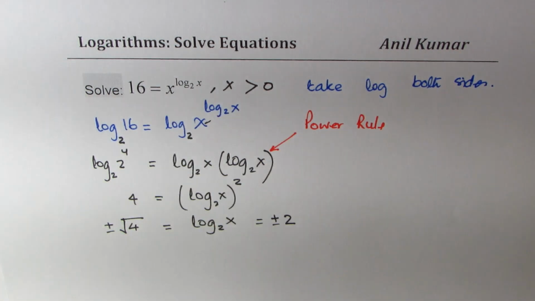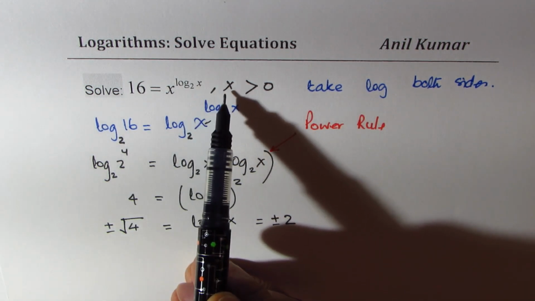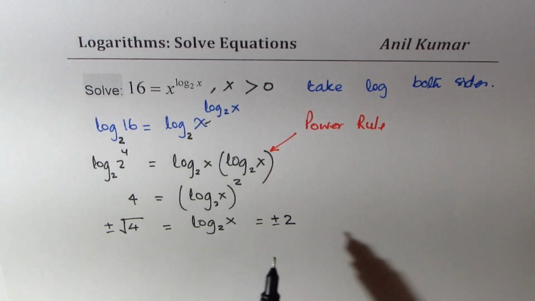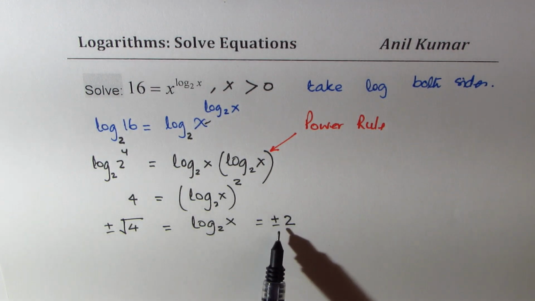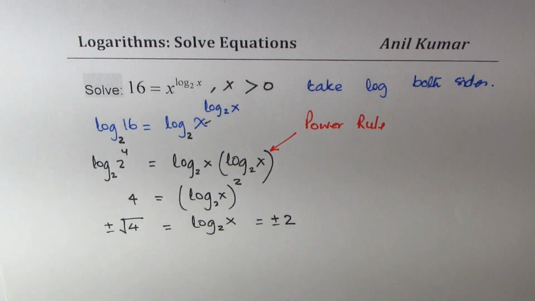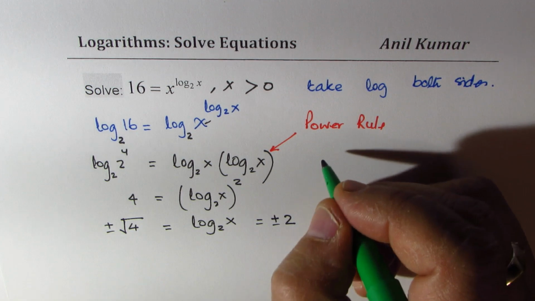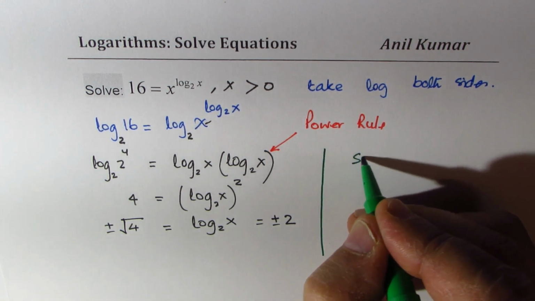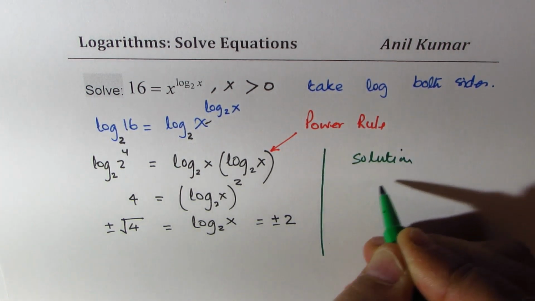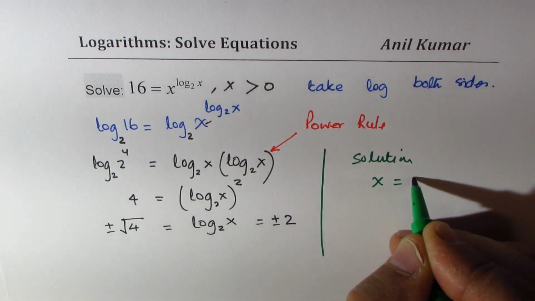Otherwise, the exponent is not a valid expression. Correct. Log base 2 of x is not defined if x is not greater than 0. And therefore, only plus 2 will be the right solution. Correct. So we do have an extraneous root here. So we have the solution, which is log base 2 of x equal to plus 2.